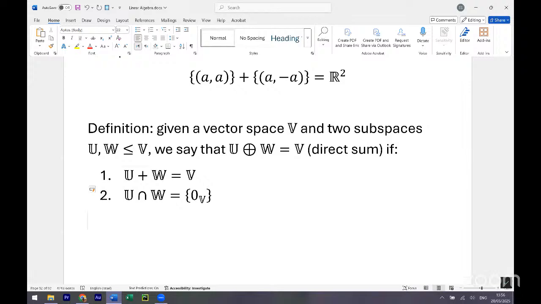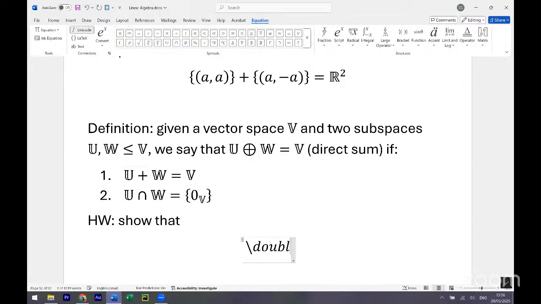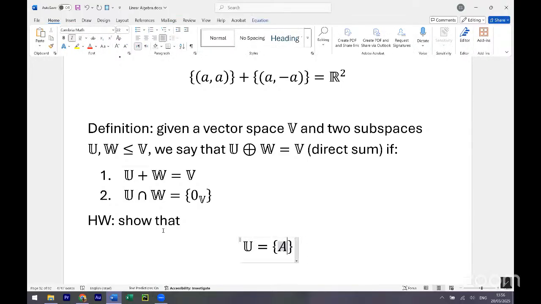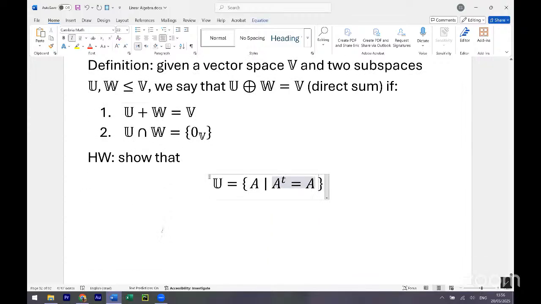You showed me today that in your homework you had to, and I'll give you that as homework, show that, first of all, the set of all symmetric matrices, where the matrix is within F n by n, is a subspace of all the matrices.